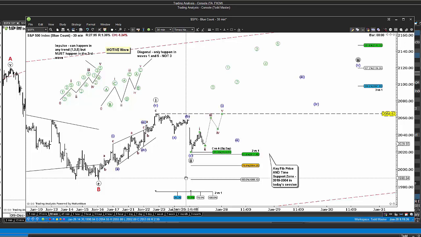That's why I love Elliott. That's why I love Fib. That's why I love using MotiveWave software, because it helps me lay out the plan. And you know how it goes, guys, with a speech or anything you do in life. If you're prepared and you've put in the work, you can walk into that event, that speech, that presentation, whatever it may be, prepared and confident that I know what's going to happen. If it doesn't happen exactly as planned, that's okay.